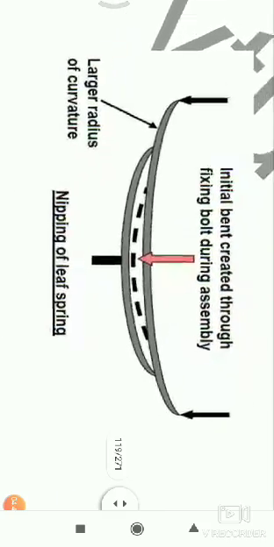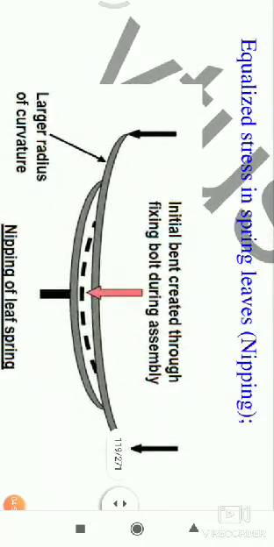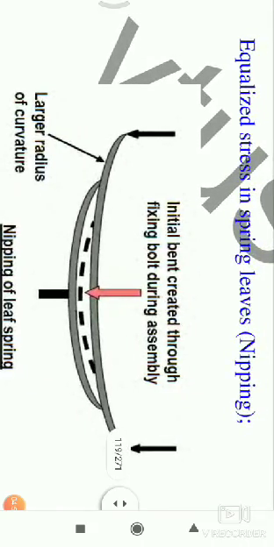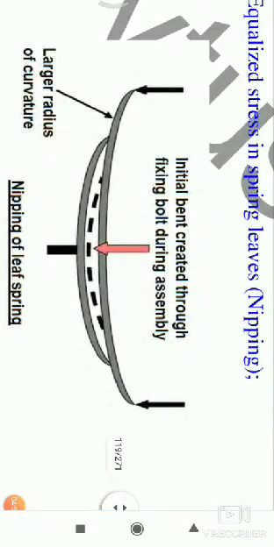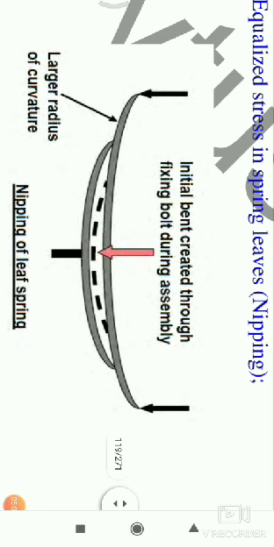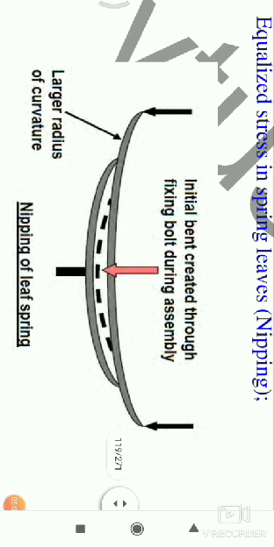Why is it required? Equalized stress means what here? As you know from the previous derivation, the stress developed in the full length leaves is 50% more than in the graduated leaves. So to distribute the stress among all the leaves, this nipping action is done.